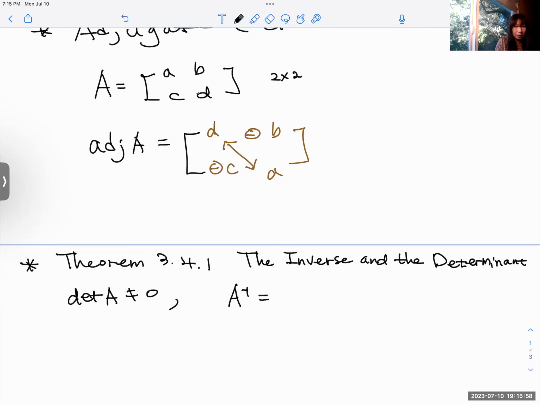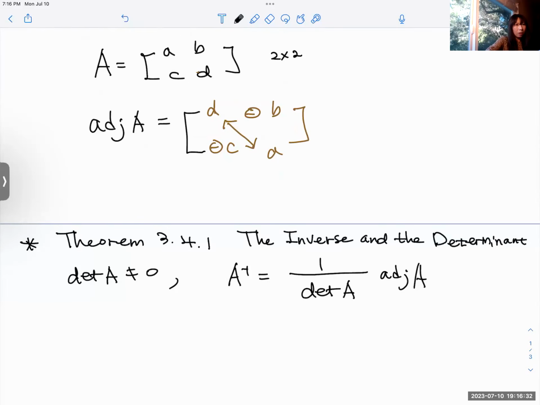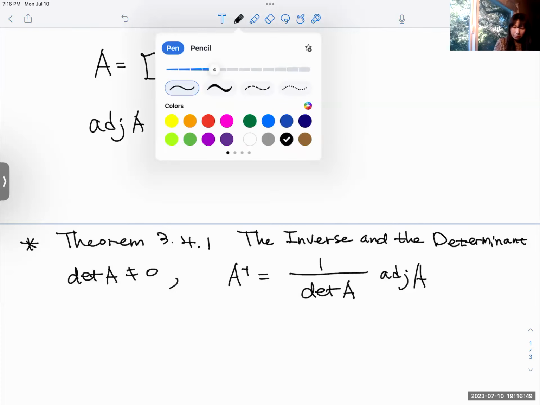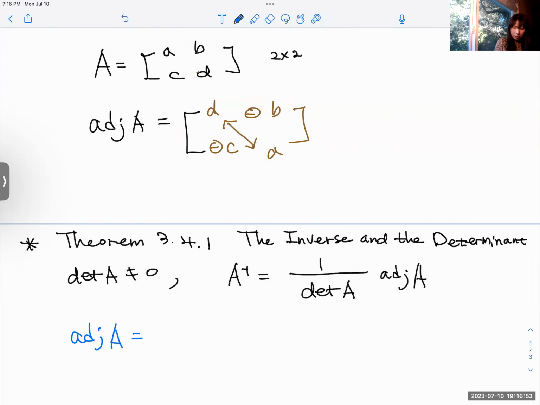Then the inverse of A is 1 over determinant of A, because we don't want undefined, times the adjugate of A. Also, we can express the adjugate of A as the transpose of the cofactor matrix of A.